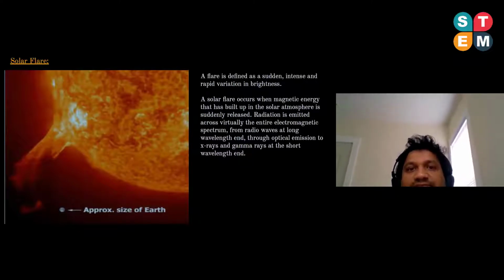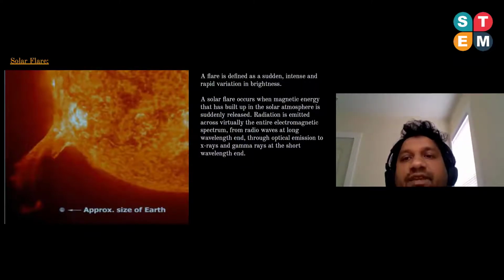So what is a solar flare? A solar flare is basically a sudden, intense, and rapid variation in brightness in the solar atmosphere.